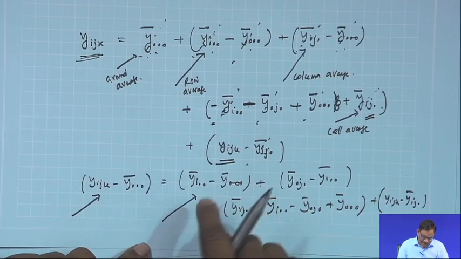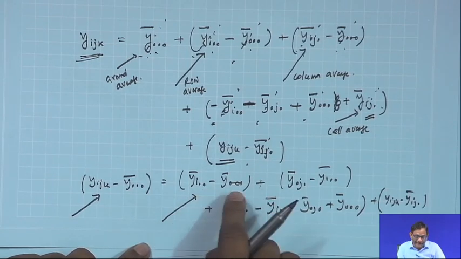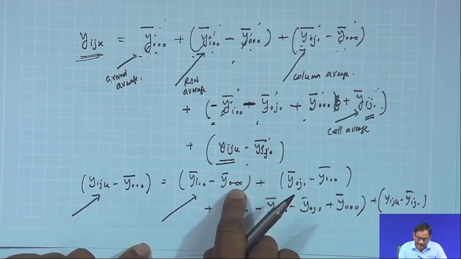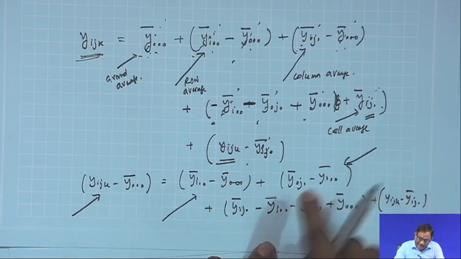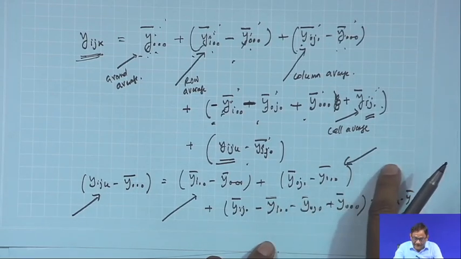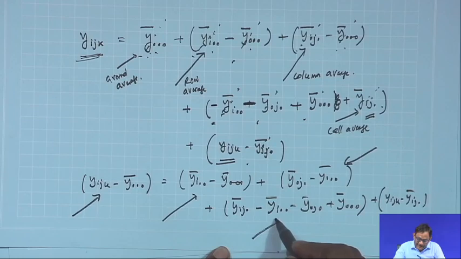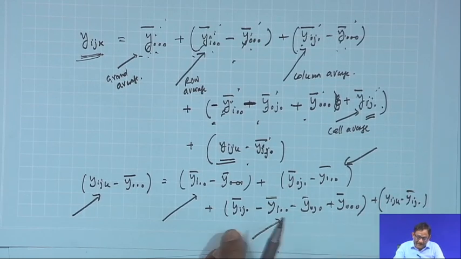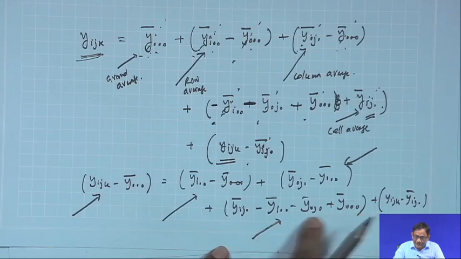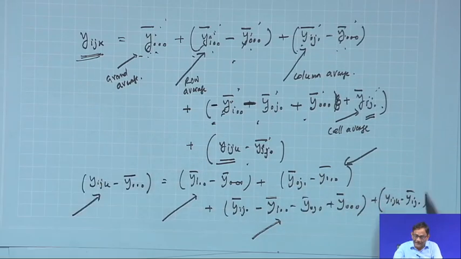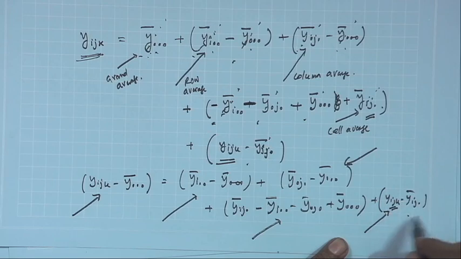This is the deviation of the row average from the grand average. This is the deviation of the column average from the grand average, and this is the deviation of the cell average from the grand average, combined with the other terms, and this is the deviation of every observation from its cell average.